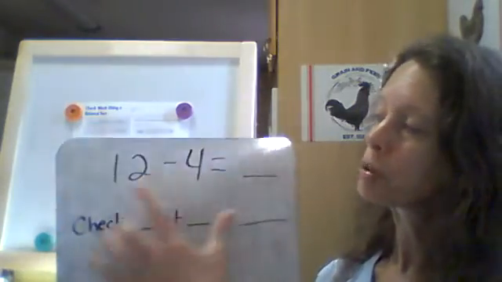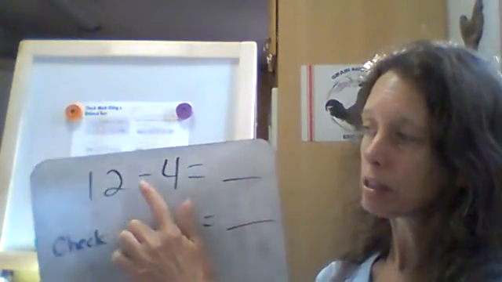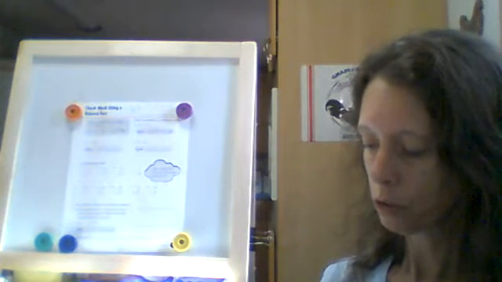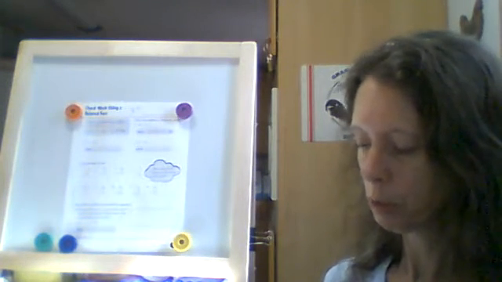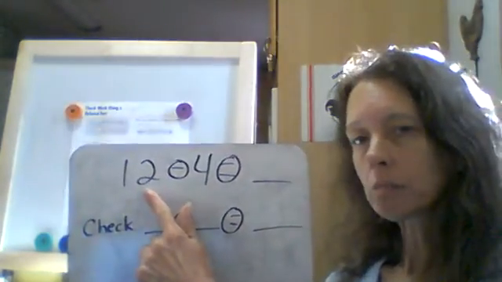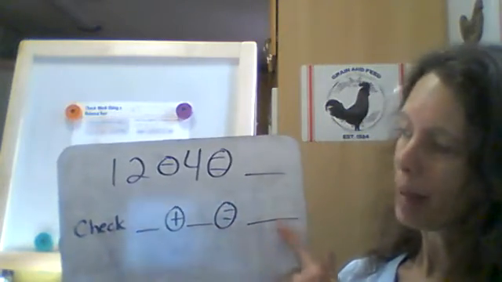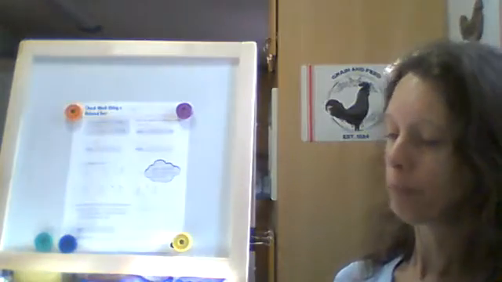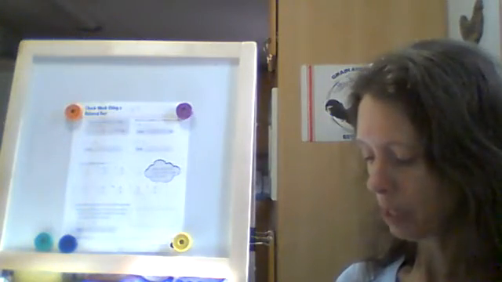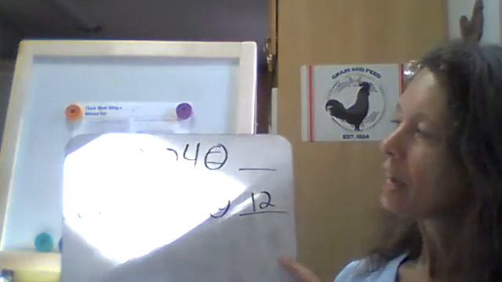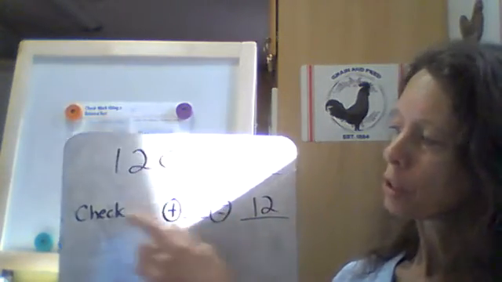They've already put the 12 in there. If the big number is in front in subtraction, it's in the back in addition. So we know to move this 12 over to here. 12 goes like that. And then my other two numbers can go in here.